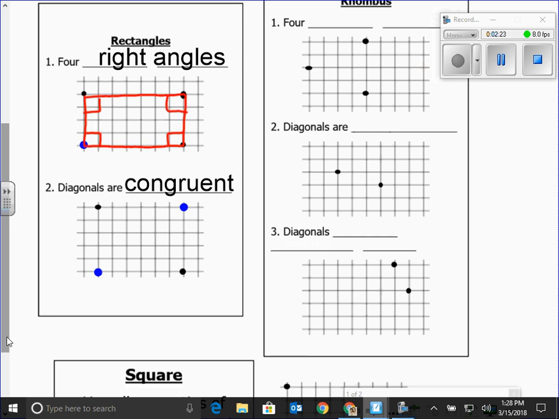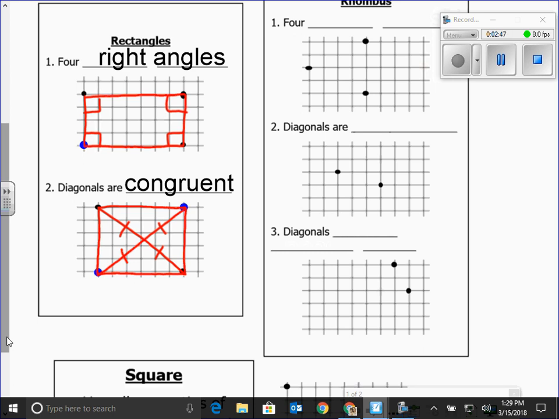And then if we draw in our rectangle, we know that our diagonals are congruent. We got that diagonal and this diagonal. But because they're congruent, even when they bisect, all the bisected pieces will be the same.